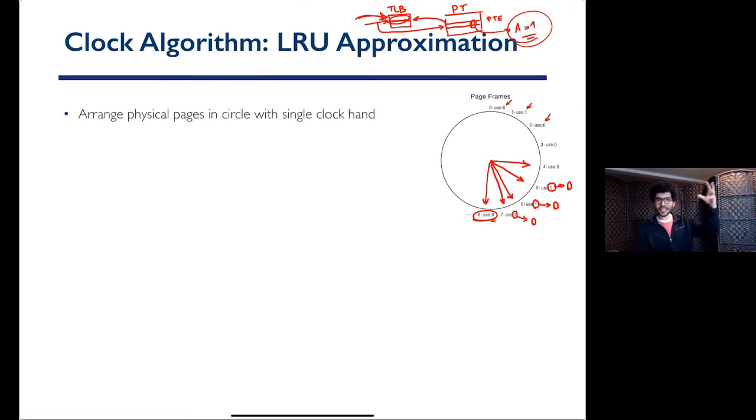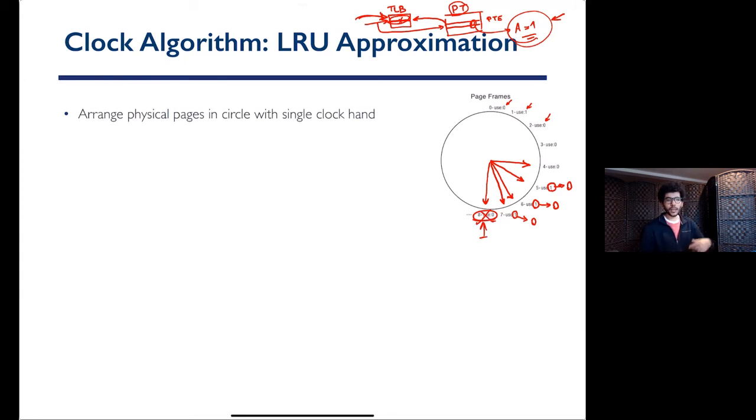So when we set this access bit to 0 and evict the TLB entry, we make sure that if next time the process needs this page, the hardware is not going to find it in the TLB, and it's going to come to the page table and set this access bit to 1. But this hasn't happened. This means that this page was not accessed since the last time that we set it to 0. This is going to be our victim.